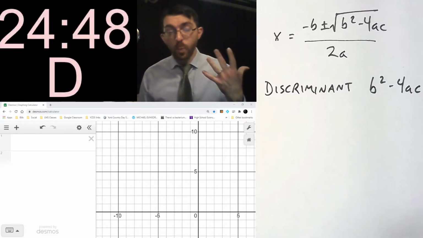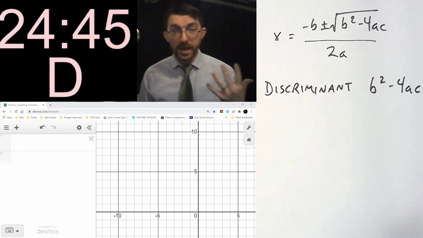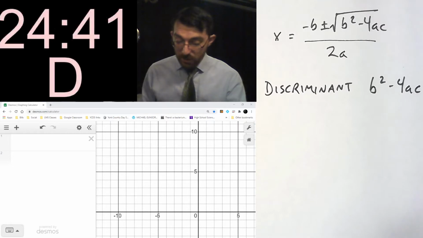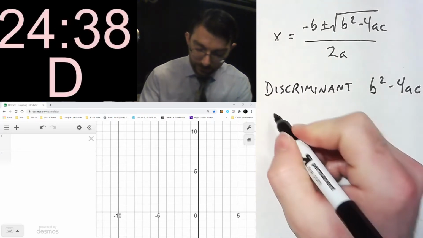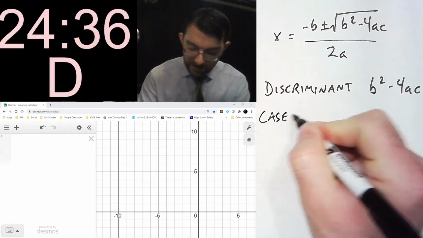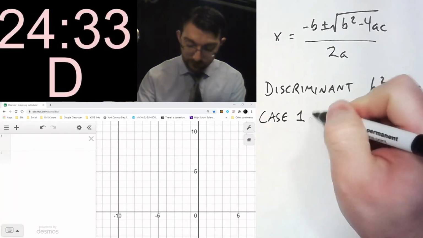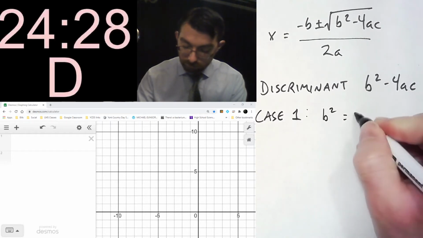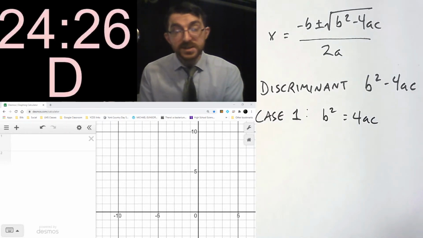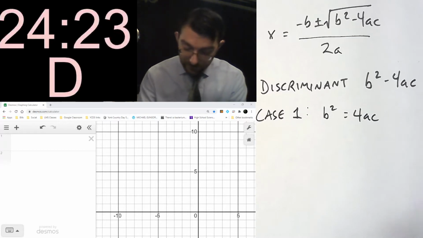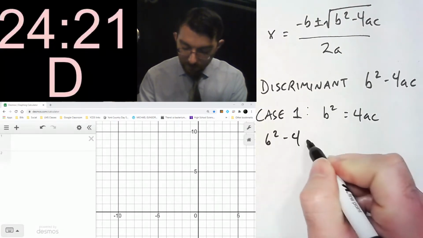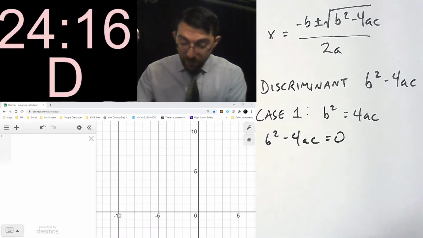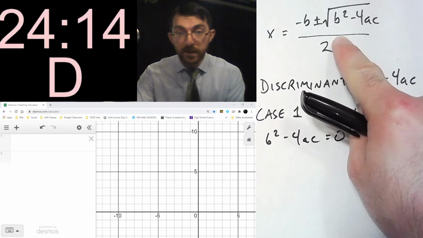There's 5 different ways that this could play out, and they all have different consequences graphically. So here's one possibility. I'm going to call this case 1. In case 1, b squared equals 4ac. And that means b squared minus 4ac equals 0. And when that happens, this becomes very easy.